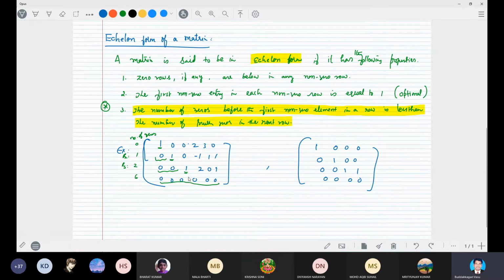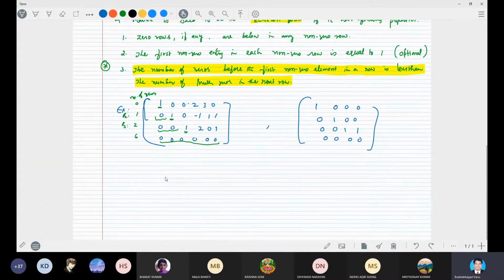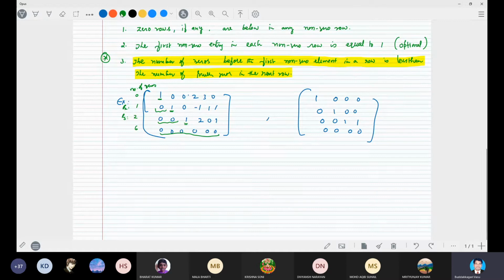Okay, so there is one advantage of matrices converted into row echelon form. The number of non-zero rows in the row echelon form of a matrix is defined as the rank of the matrix. This is an important observation.